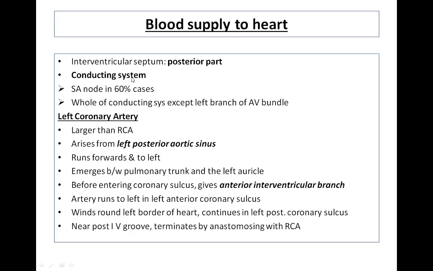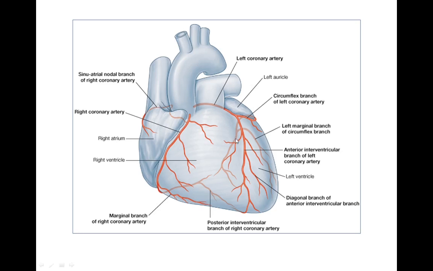Now, the interventricular septum. Where will this interventricular septum lie? It lies transversely from the anterior interventricular groove to the posterior interventricular groove. Now, the anterior part of the interventricular septum will be supplied by our left coronary, and the posterior part of the interventricular septum will be supplied by our right coronary artery.